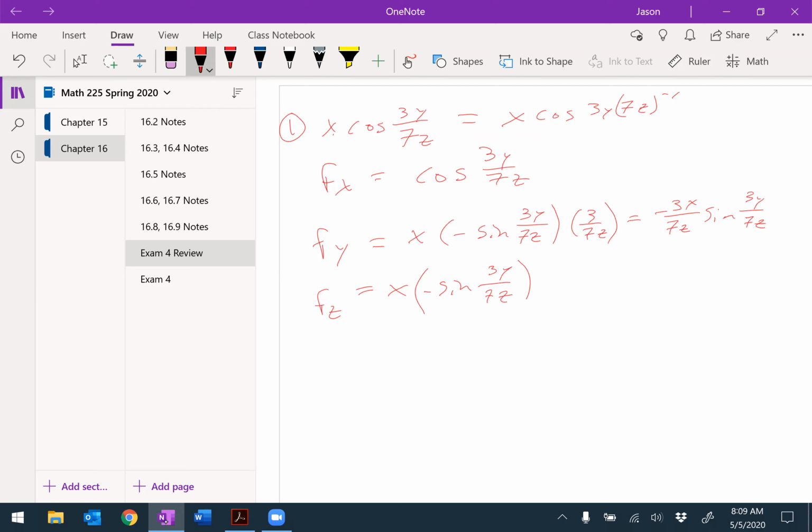I could actually pull that 7 out in front and make it 3y over 7, and then z to the negative 1. How would I differentiate z to the negative 1? That's going to be negative 1 over z squared. So I'm going to simplify all of that. The negatives cancel out. Negative, negative is positive, and I get 3xy over 7z squared sine 3y over 7z.